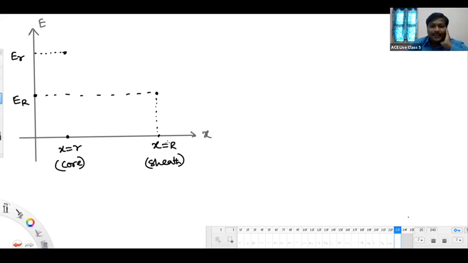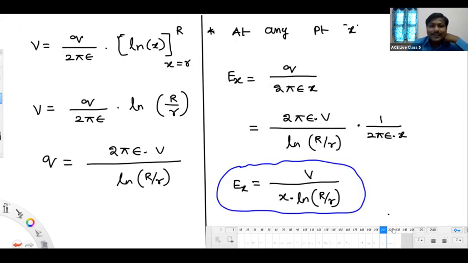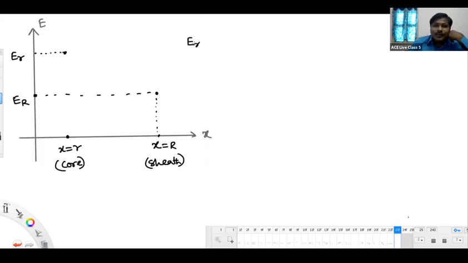How is the variation in the field intensity starting from core to sheath? Is it a linear variation or a non-linear variation? Definitely non-linear. Why? You know that Ex is inversely proportional to x. So we have a non-linear variation of the field intensity from the core surface to the sheath, a rectangular hyperbola.